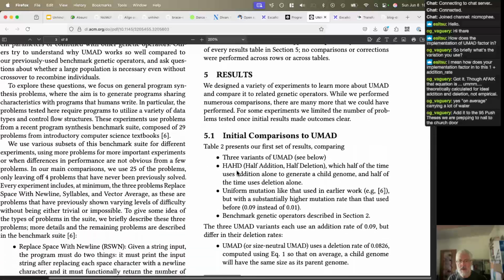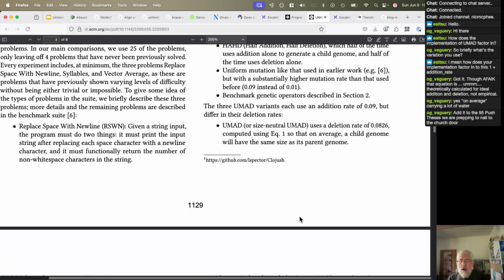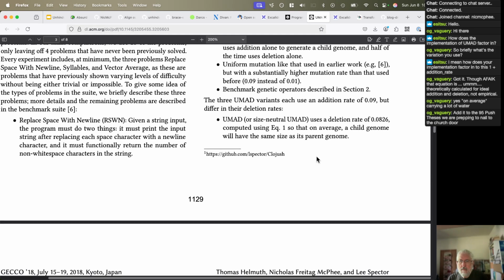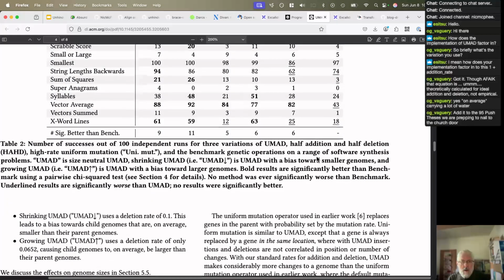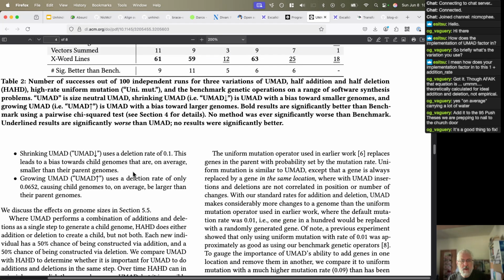So there is documentation for it, I feel like somewhere. Okay, so here, well, that's a little weird. They don't actually do one where the growing and the shrinking, the adding and the deletion, are the same.